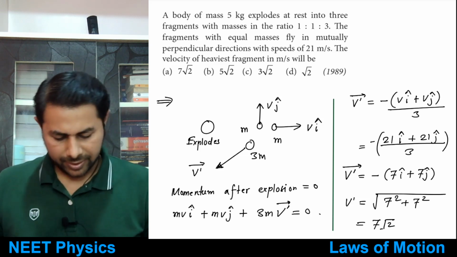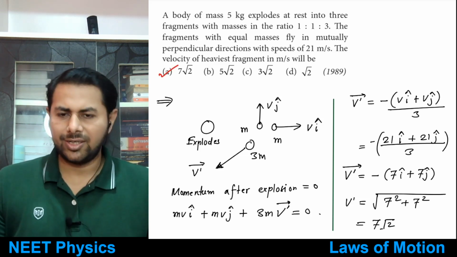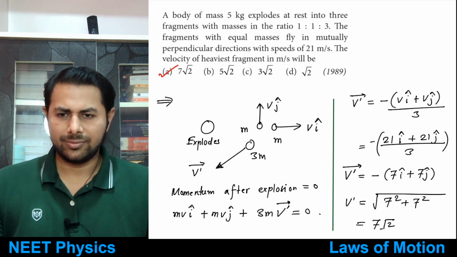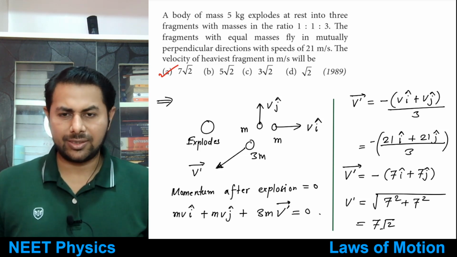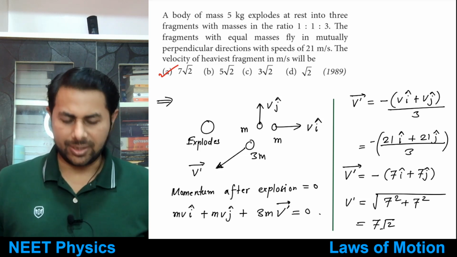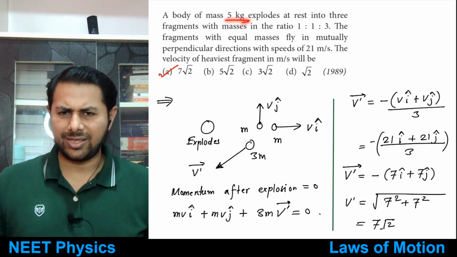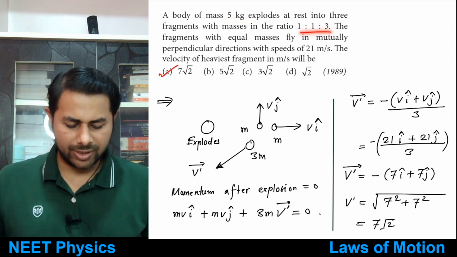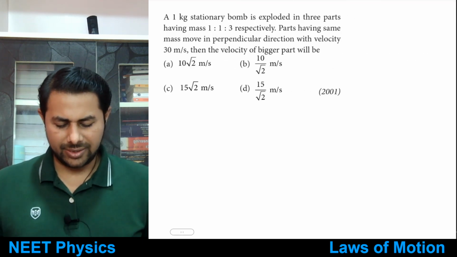So that's correct, it's option A. So this is clear? Yes, no? Okay, and this one is repeated. Maybe the masses are changed, maybe the proportion is changed and velocity changed, but this one is repeated. Okay, let's see the next one.